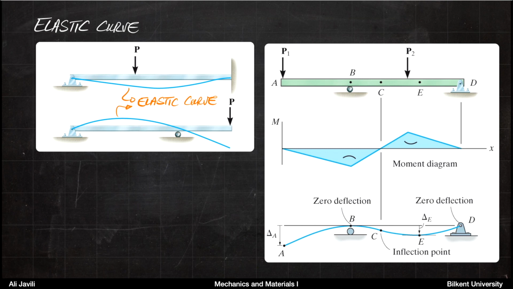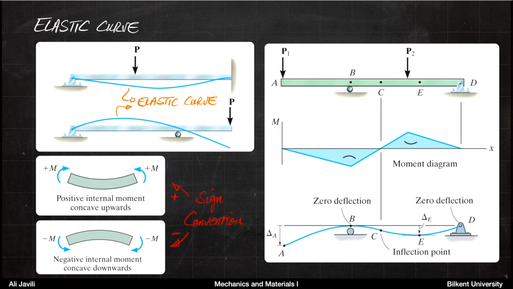Now, the fact that where the moment is positive, the curvature is upwards, and where the moment is negative, the curvature is downwards, is not really surprising because this is exactly in accordance with the convention that we used for the moment sign itself.